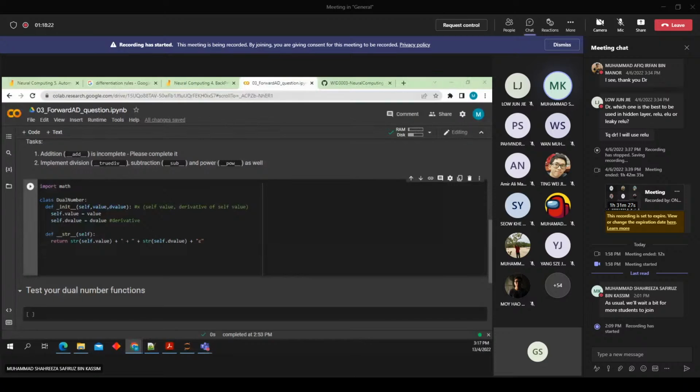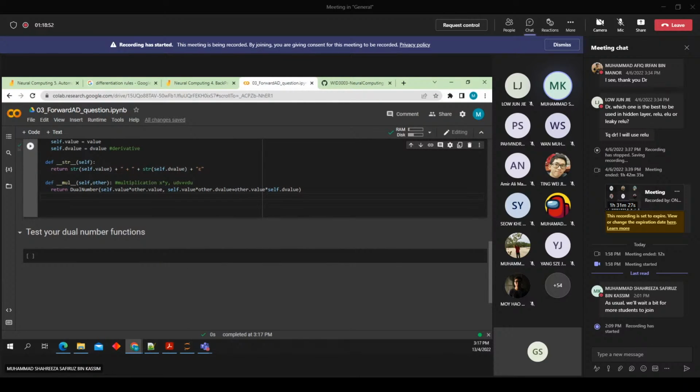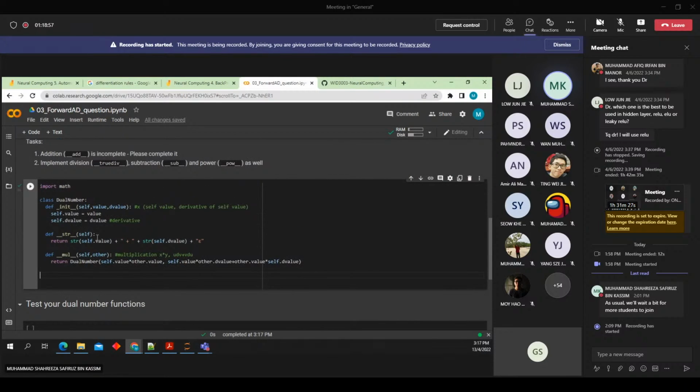Now, for example, we can do multiplication. I'm just going to save time and test this. So here, I've added this multiplication operation.